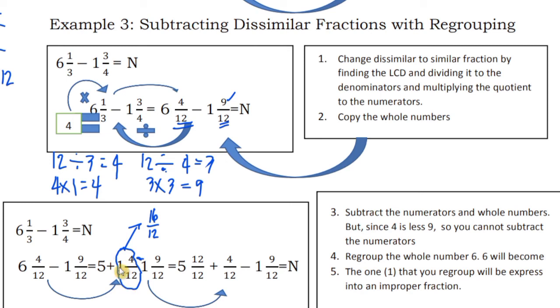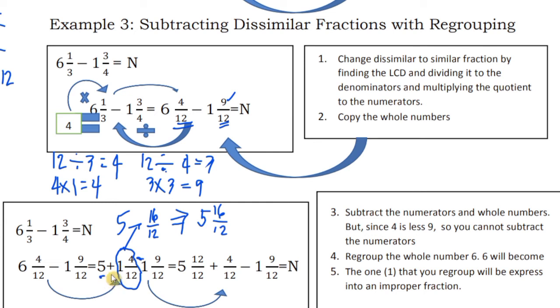And we have here 5. So therefore we now have 5 and 16 over 12 as our new mixed number. Again I repeat, where can we get this one here?